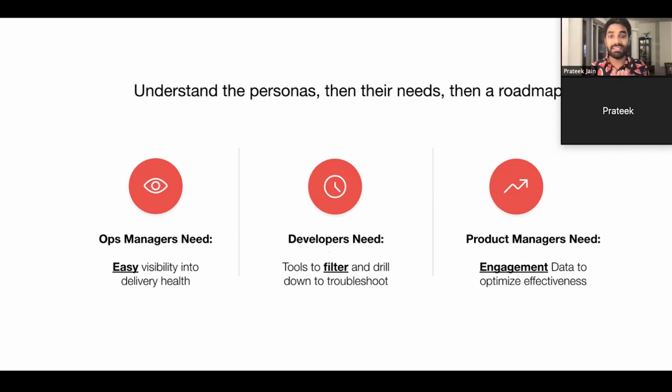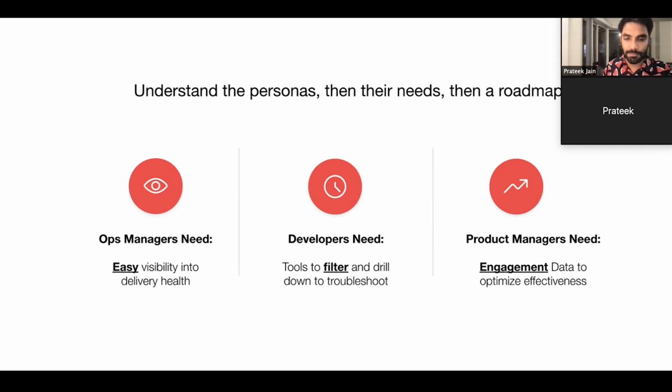Then the developers needed tools to filter and drill down on whatever analytics they were building on. And the last is, we needed product managers who could engage with the data to optimize the effectiveness of their applications. Product managers are building products on top of Twilio's products. And so they are one of the first customers, at least the top three customers that we need to serve.